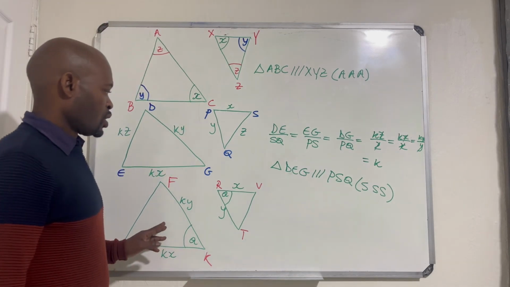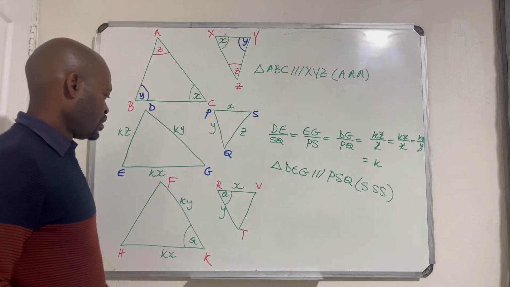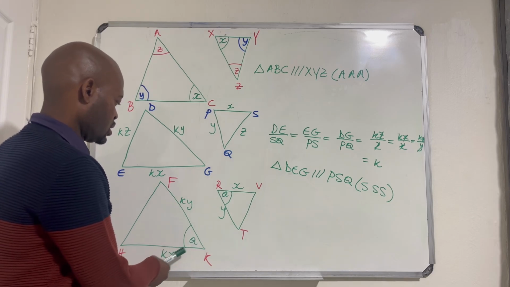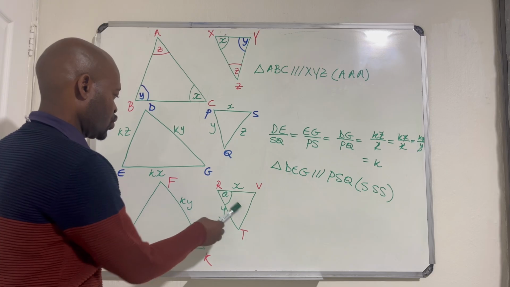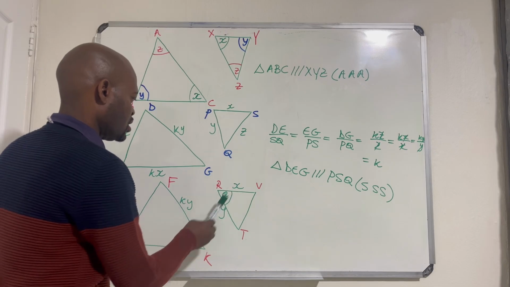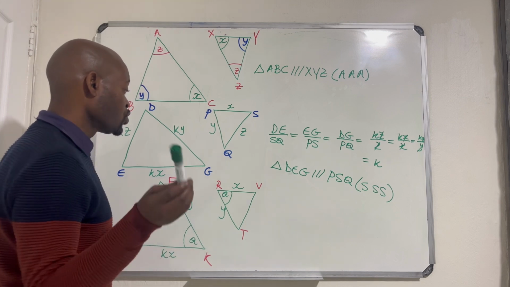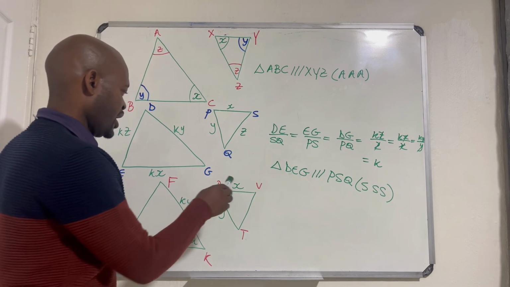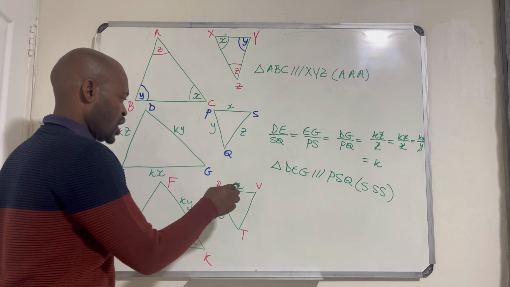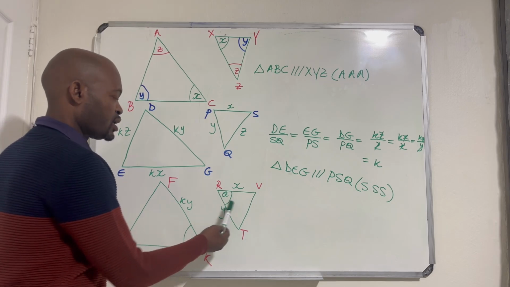So, theorem number 4 of grade 12 will talk about two pairs of sides of two triangles: if they're in proportion and the angle between the two sides are equal, then the two triangles are similar.